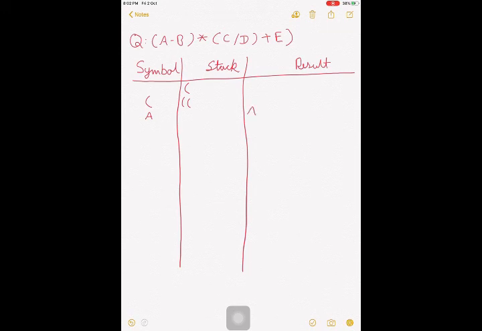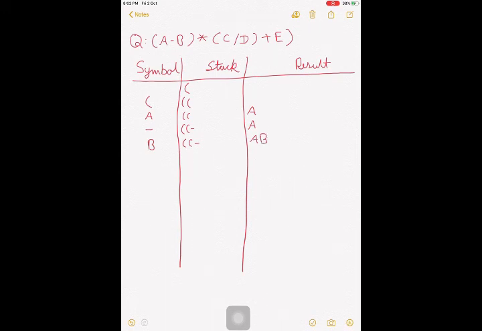So we get this a here. Then we get an operator minus. This minus operator will be pushed onto the stack and the result is still a. Then we get b. b will be moved to the result. We get ab.